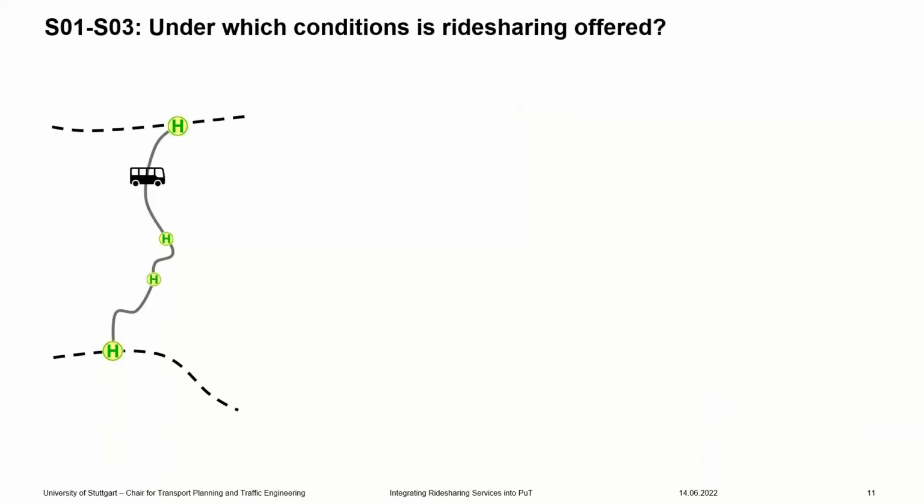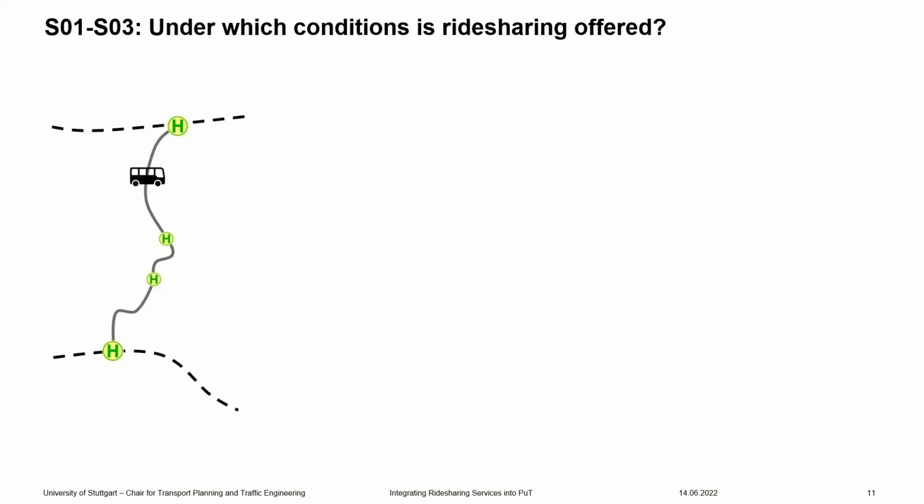After that, we needed to consider under which conditions ride-sharing services are offered in the public transport offer. And this we did for origin-destination relations, so for which trips are ride-sharing services offered and for which trips are conventional buses or train services offered.